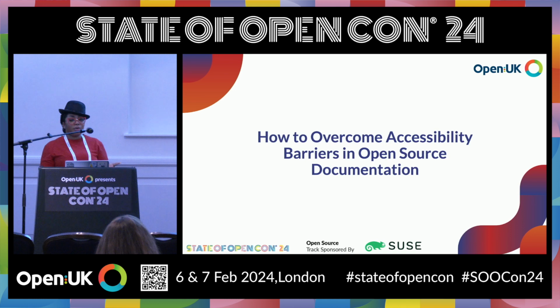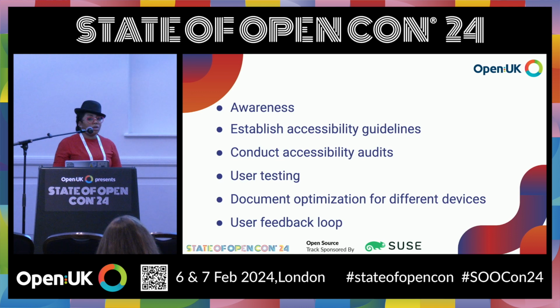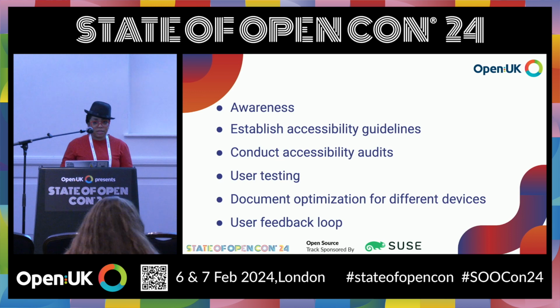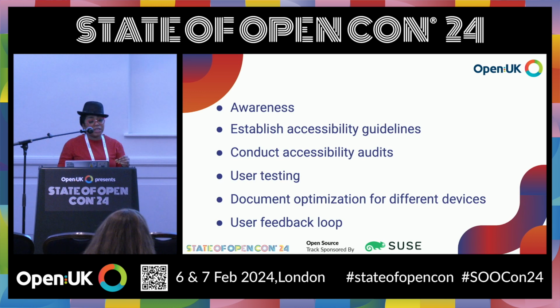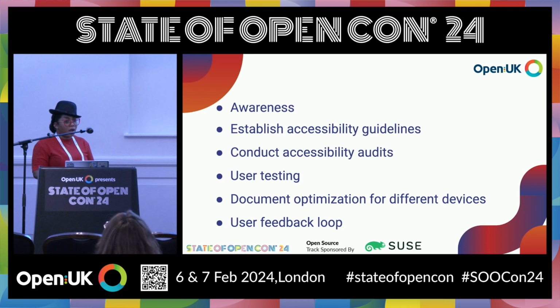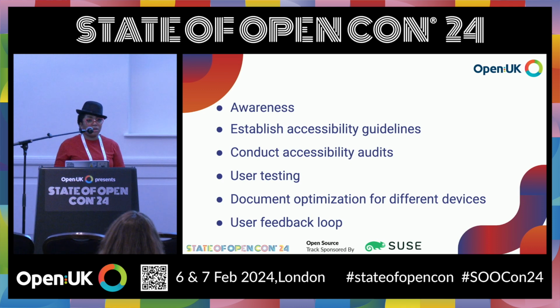So now, how can we overcome accessibility barriers in open source documentation? The first thing is awareness. It's very, very important that the open source community begins to talk more about accessible documentation.